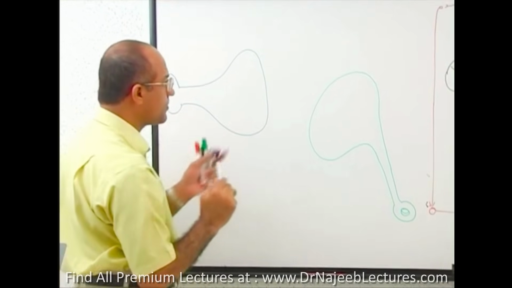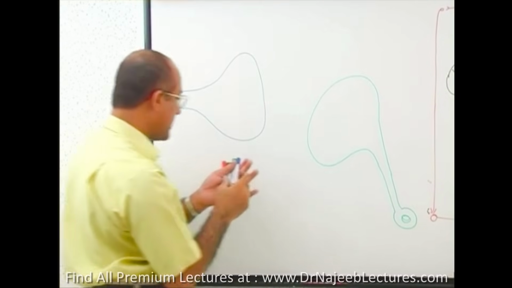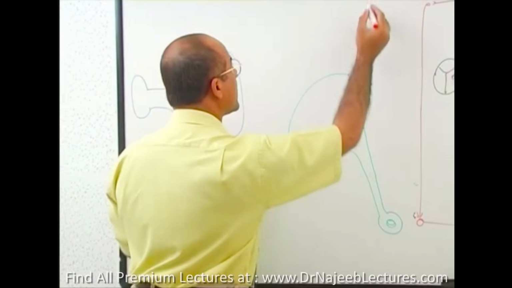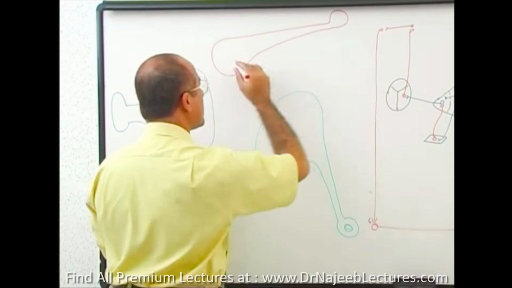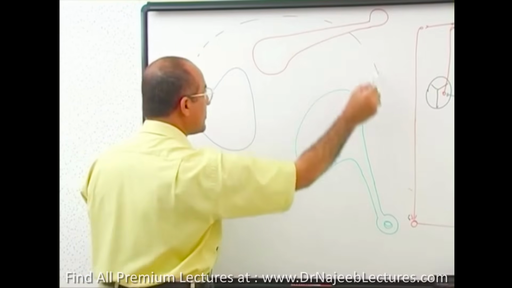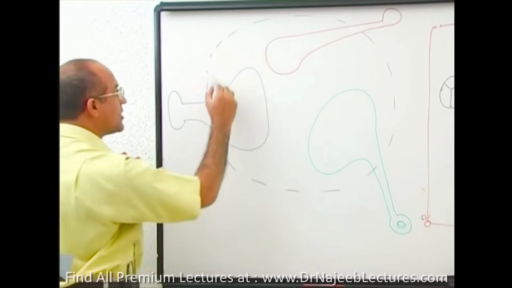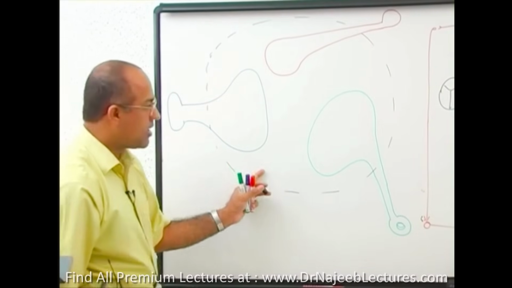A GABAergic neuron. Is that right? This is releasing dopamine there. And the other neuron which was coming over here was, yes, a cholinergic neuron. And here we have to restore the balance. And this whole system is present in the corpus striatum.